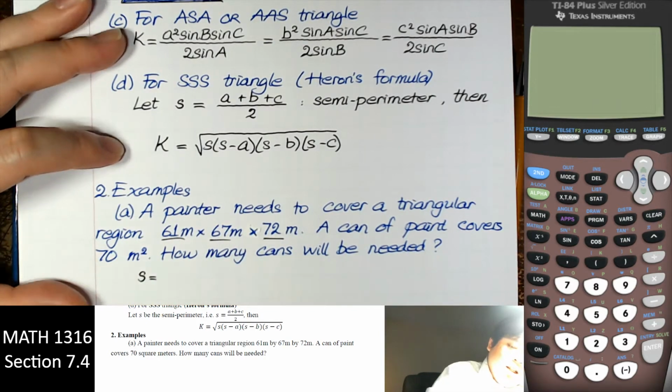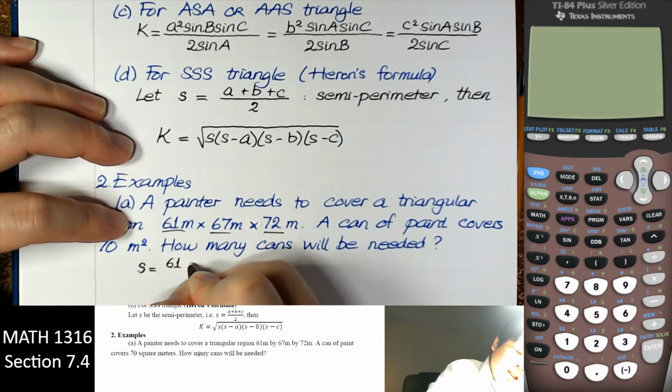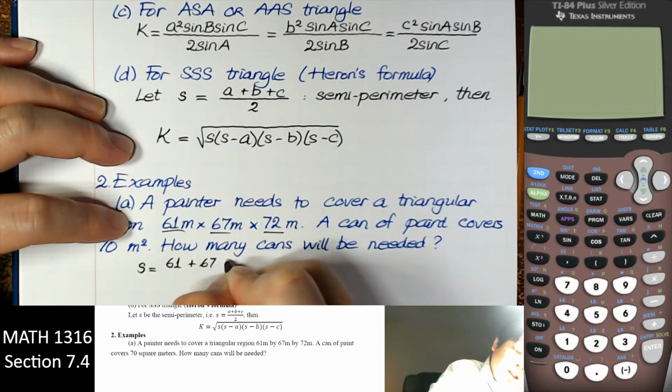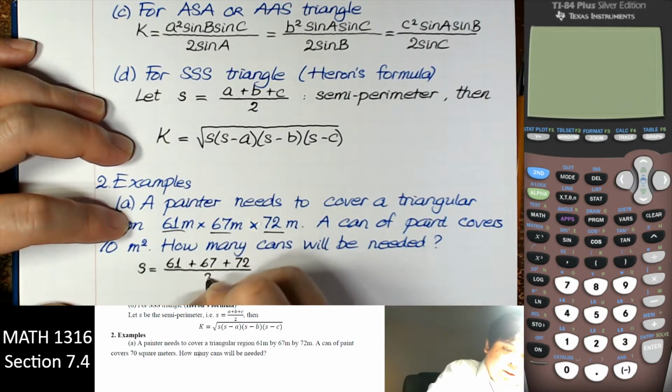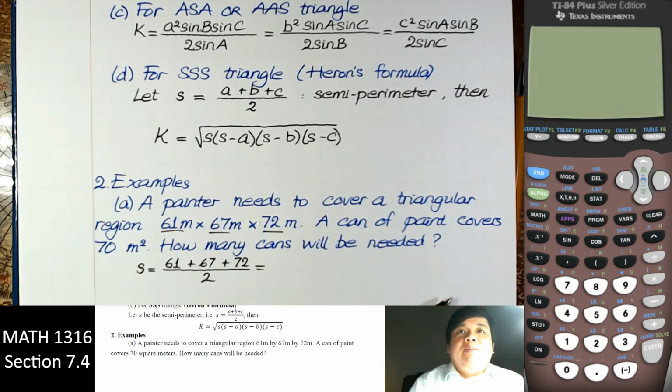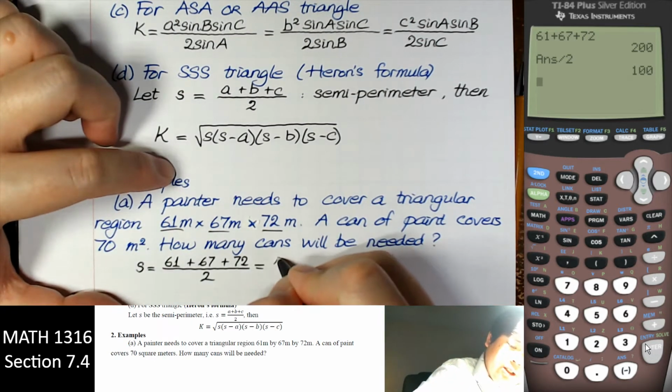Little s is the sum of all of those 3: 61, 67, and 72. We divide by 3, sorry, by 2. That will be 100.